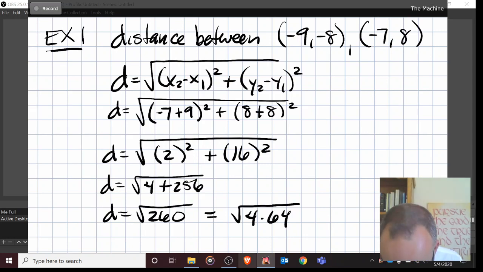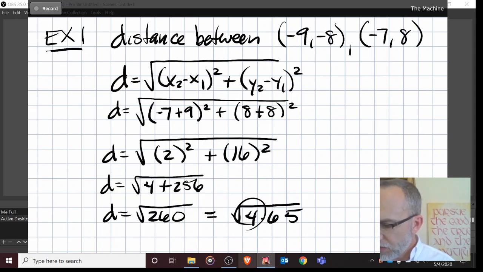No. 4 times 260 divided by 4, 65. There we go. I knew that didn't feel right. And the 4 comes out as a 2. So the final answer then, 2 square root of 65. There we go.